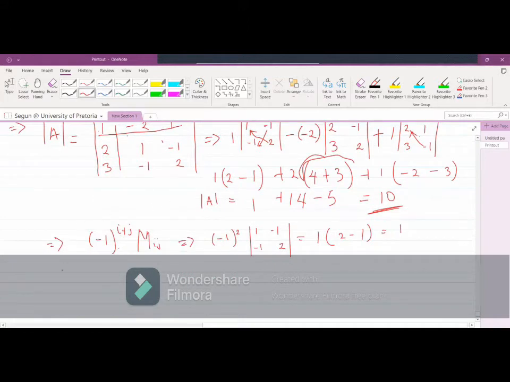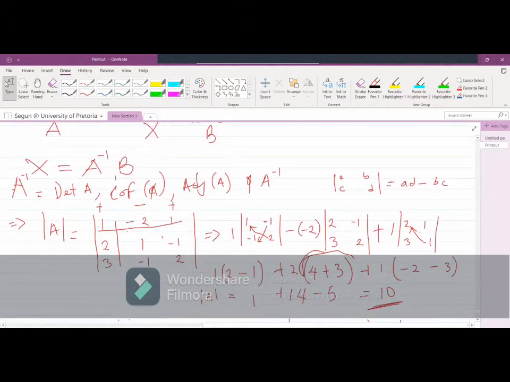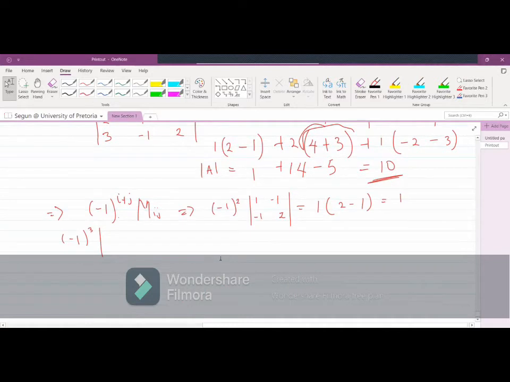So the second one, raised to power 3, is going to be, anybody can call the value for us? 2 minus 1, 3, 2. Please, is it correct? Confirm it, everybody.